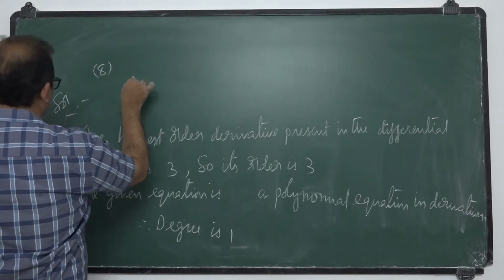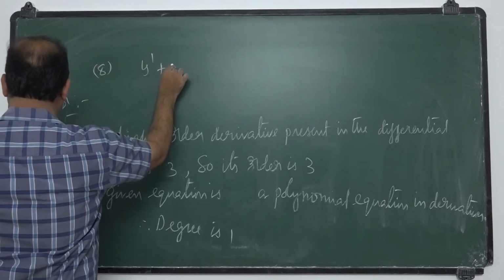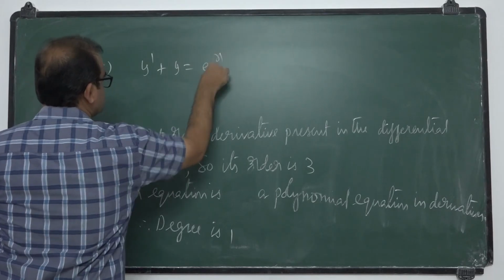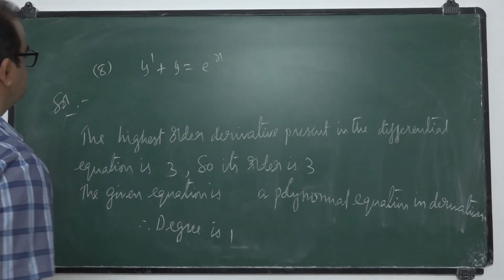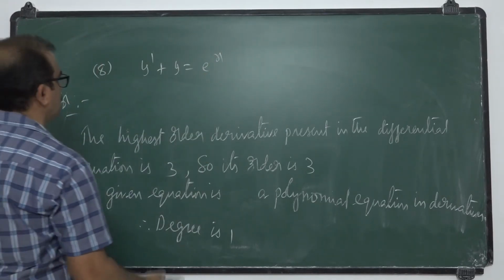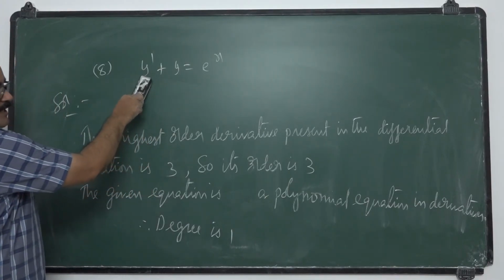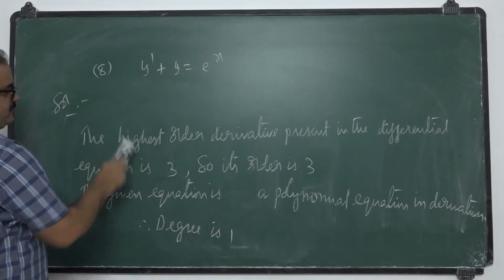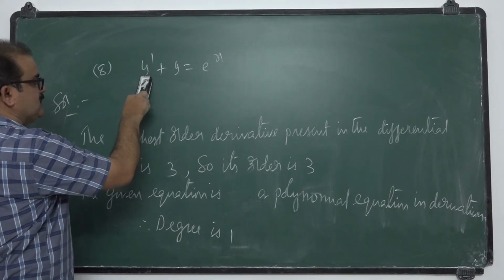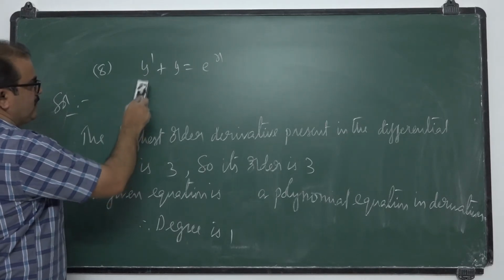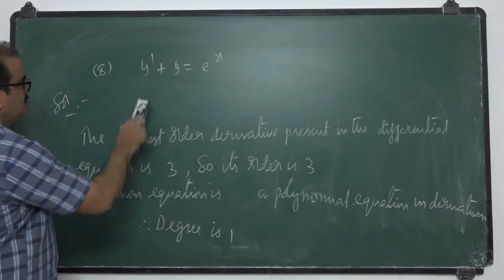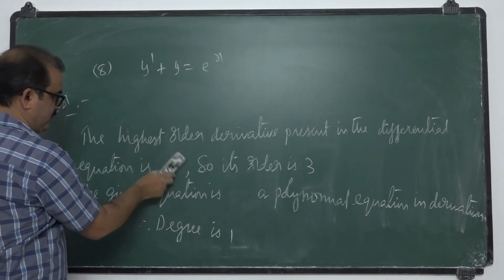Eighth, y dash plus y is equal to e power x. Y dash means first derivative of y. So it is the highest derivative. There are no higher order derivatives. So the highest order derivative is 1.